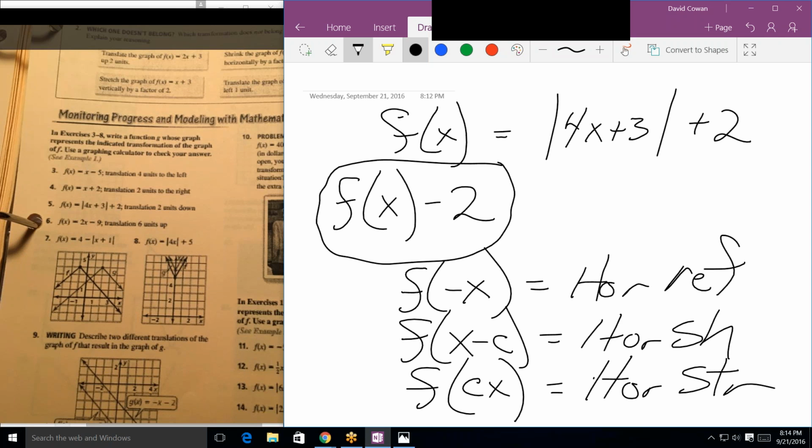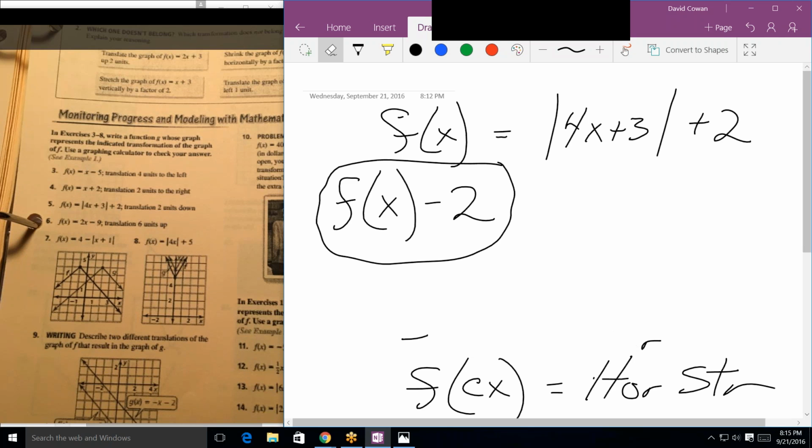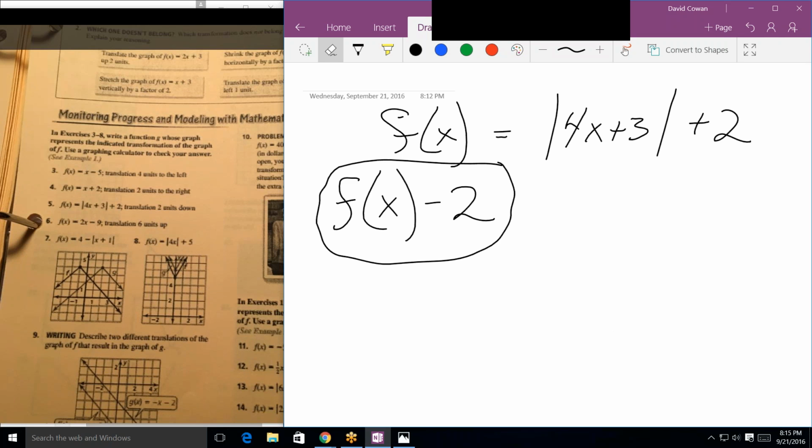So one way to keep the f notation straight is that all vertical stuff's outside the function, all horizontal stuff is inside the function. That makes sense. So if we want a vertical shift for number 5, 2 units down, then it's this.